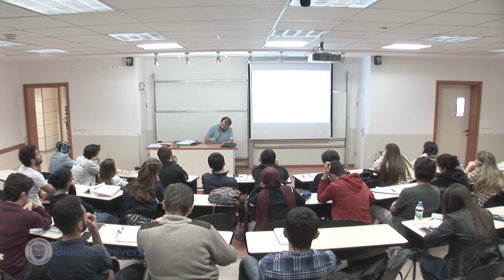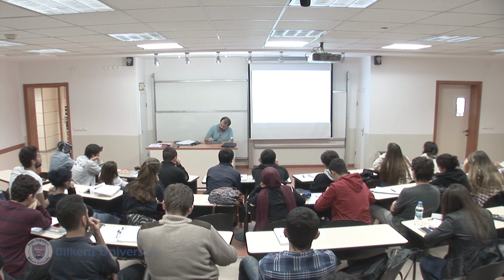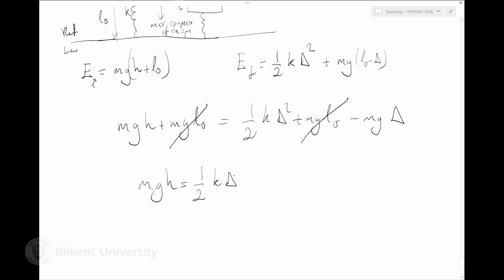mgh is 1/2 k delta squared minus mg delta. I'll write this as follows. This is going to be k over 2 delta squared minus mg delta minus mgh. So what are my solutions?